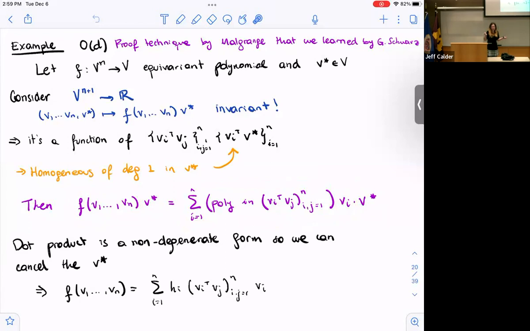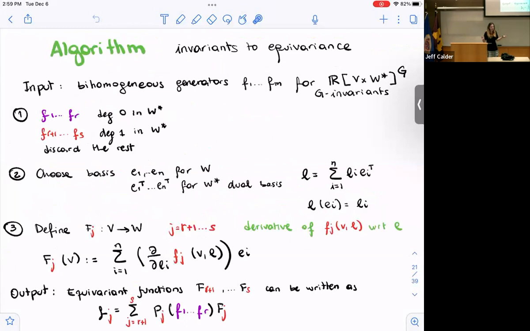So basically, this is the proof technique from Lagrange that can be extended into an algorithm that computes the equivariant functions from the invariants. That is very easy in the case of OD, but it can be more complicated depending on what the polynomials of degree 1 invariants on the last coordinate, on the dual space that we took, look like. So that's the idea.